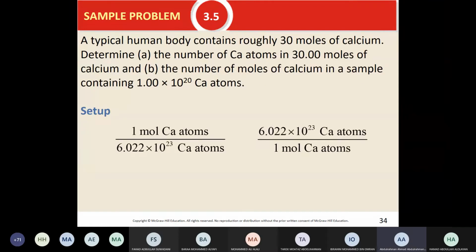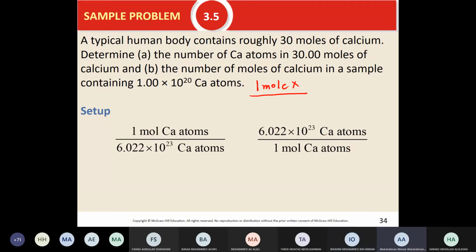Now, as I said, what are the equations that we did already? Tell me what should I write for Avogadro's number first. 1 mole X equal to, or divide by, what?